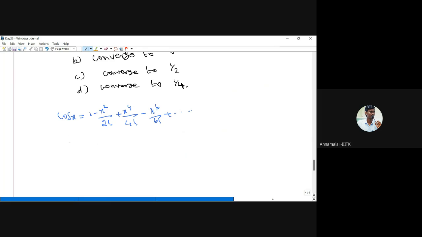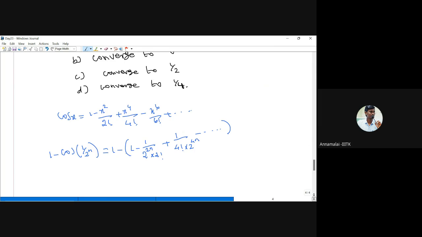Now we need 1 minus cos of 1 by 2 power n. So this is nothing but 1 minus cos of 1 by 2 power n. Just replace x by this. Therefore, 1 minus, replace x by 1 by 2 power n, therefore 1 by 2 power n square. Therefore, it's nothing but 1 by 2 power 2n into 2 factorial, and then plus 1 by 4 factorial times 2 power 4n minus and so on.